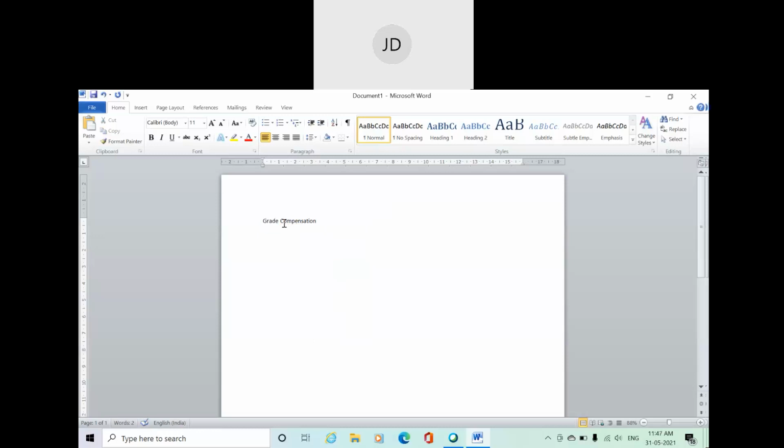Basically, grade compensation comes into the picture when a gradient is to be given in a curve. Suppose that there is a hill. This is a hill. Now a particular train needs to travel from this point to this point.